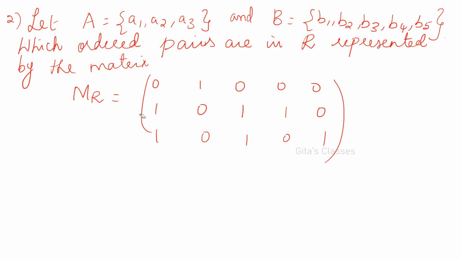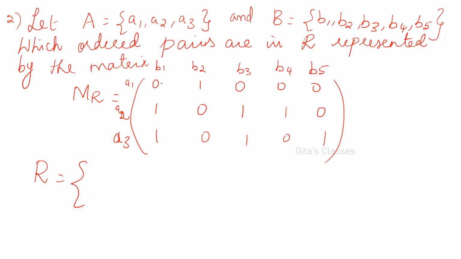From this you are asked to find out the relation. This represents a relation from A to B. Here in A we have 3 elements a1, a2, a3, and here we have 5 elements b1, b2, b3, b4 and b5. So can you tell me what all the elements will be in R? This 0 means (a1, b1) is not there.